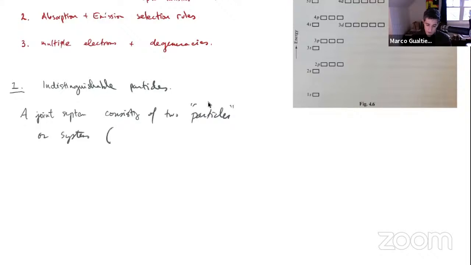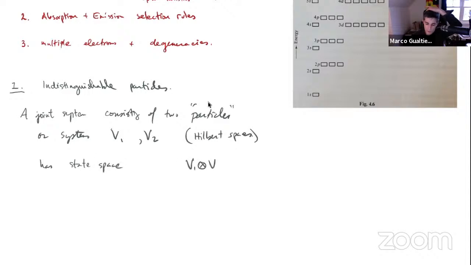let's call them, say, V1 and V2 vector spaces, has state space V1 tensor V2.